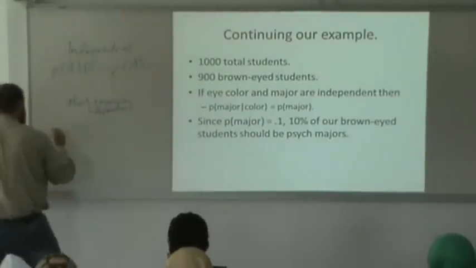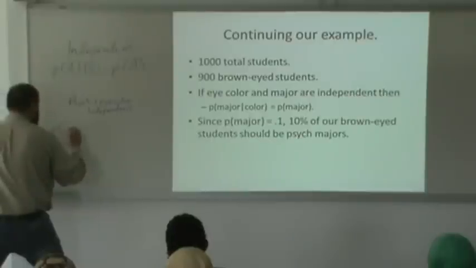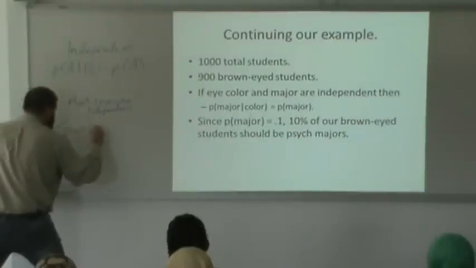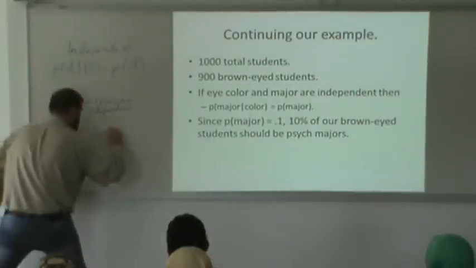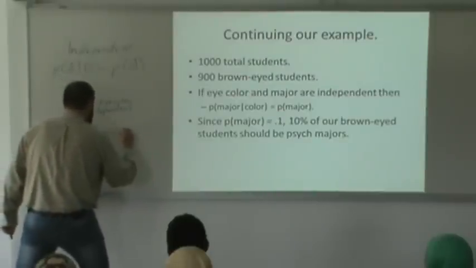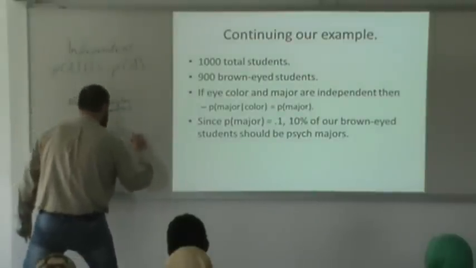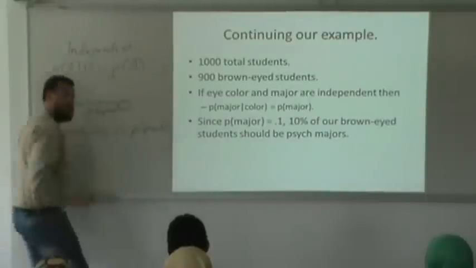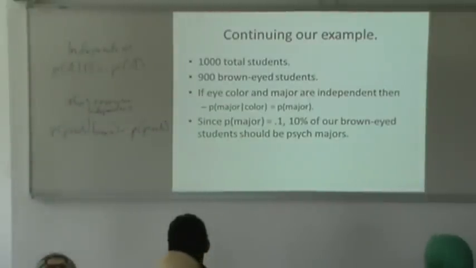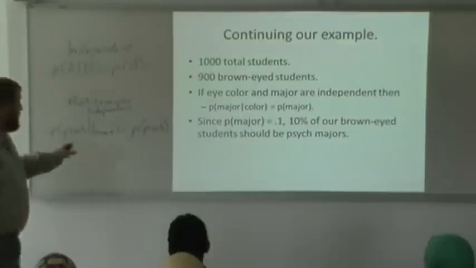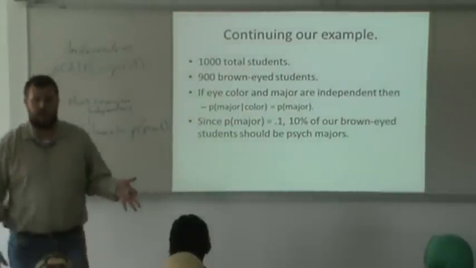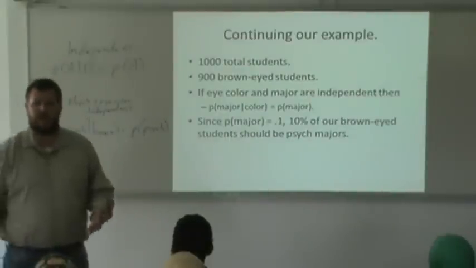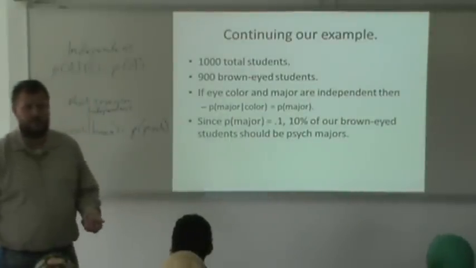This means that the probability of psych given brown is equal to the probability of psych. So the probability of psych is 0.1, right? We have 1,000 students, so how many students are psych majors?